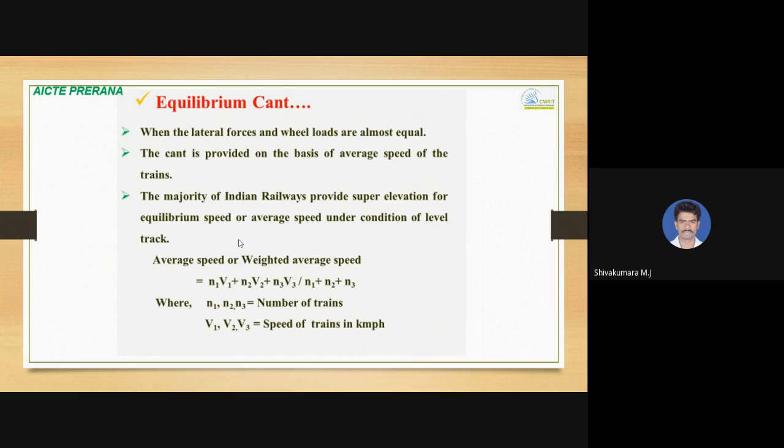And the calculation of average speed or weighted average speed is N1 V1 plus N2 V2 plus N3 V3 divided by N1 plus N2 plus N3. That means how many trains there are and what is the respective speed of each train in kilometers per hour. So the product of velocity and number of trains divided by the total number of trains.